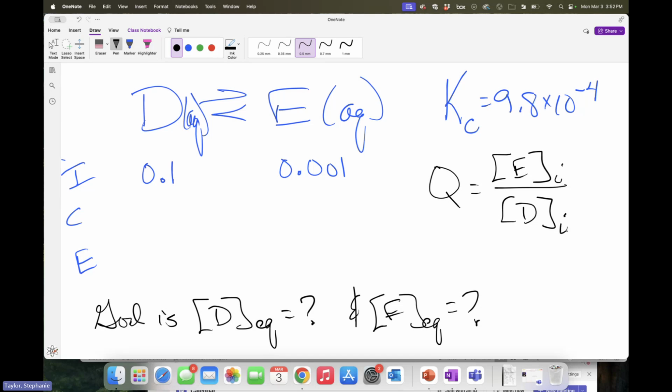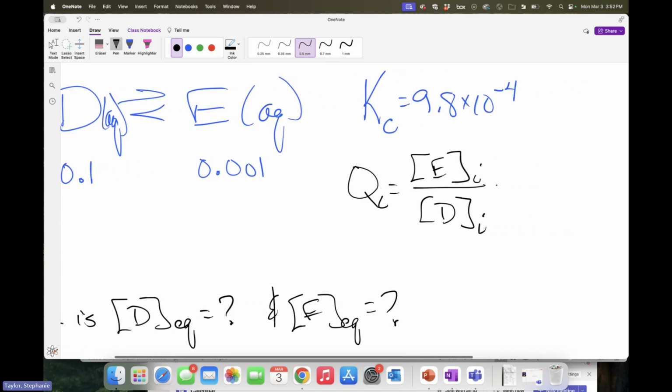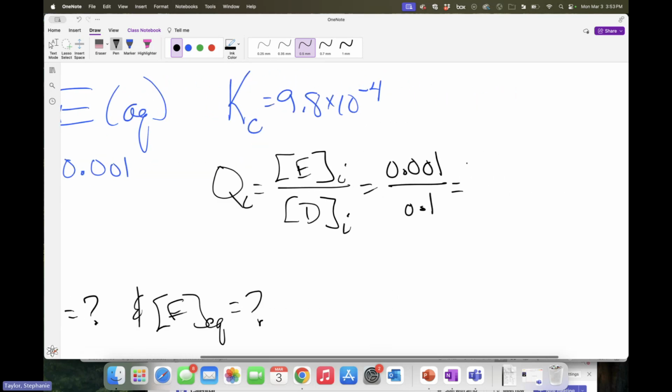So in this case, I have 0.001 divided by 0.1. I'm going to plug this in my calculator just to make sure I don't mess up. And that gets me a value of 0.01.